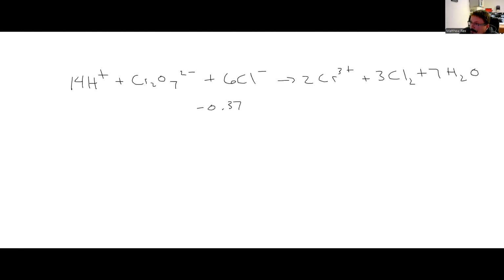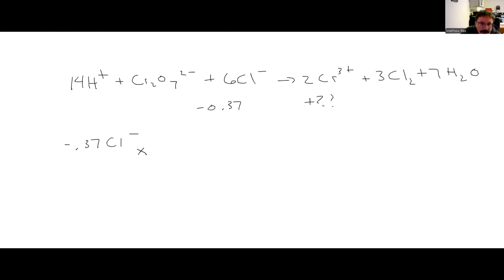0.37, then what is the rate of this for appearing? So this is a reactant, this is a product, so the reactant, of course, is going to disappear. The product is going to appear. So negative 0.37 for the Cl-, and I need to relate the two to each other.